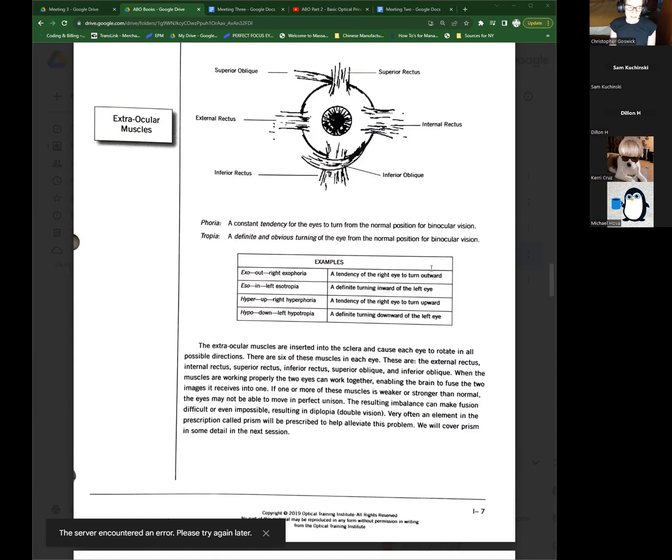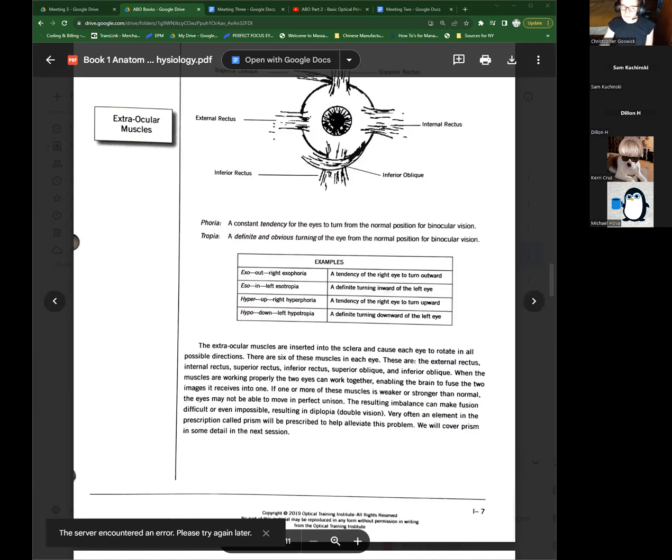But then, of course, there's hyper and hypo. Hypo, you may have heard of hypoglycemia or hypothyroid. That might help you remember slow, low. Whereas hyper, you think of something bouncing, a kid with a sugar high. I think of a high, like going up. So those are some mnemonic devices that might help you remember that.